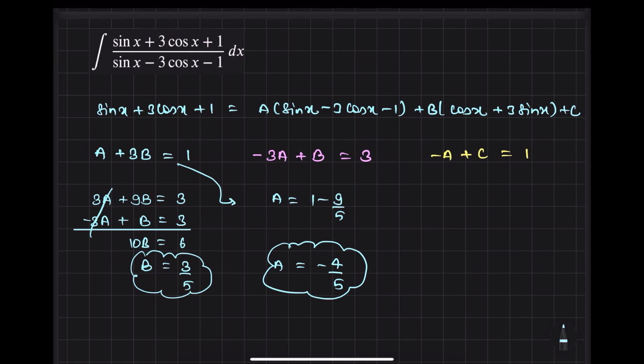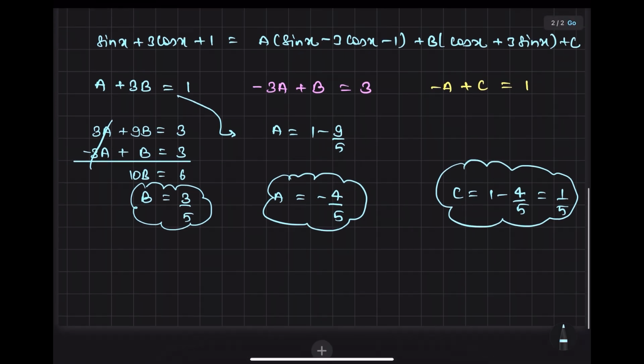Now we can find c: c equals 1 plus a, so 1 minus 4 by 5, which is 1 by 5.